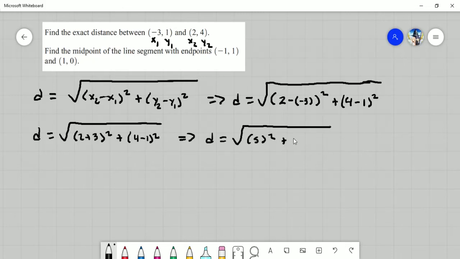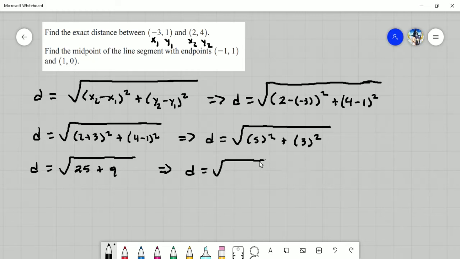If you want to do all of that as well, you can. 4 minus 1 is 3 squared. Five squared is 25. 3 squared is 9. Add those 2 values together. 25 plus 9 is 34.